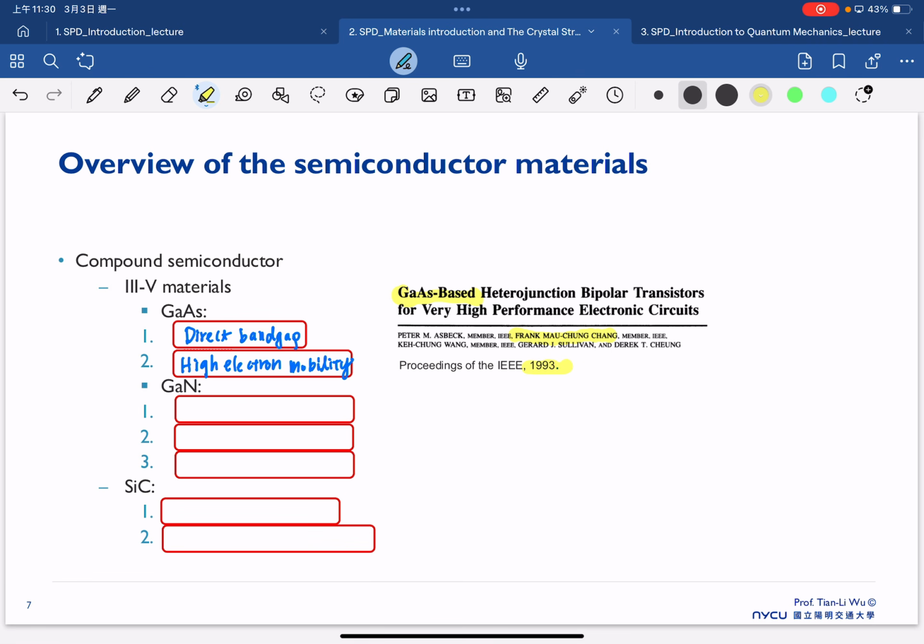And in addition to gallium arsenide, we also have another very well-known compound III-V material that we call gallium nitride.